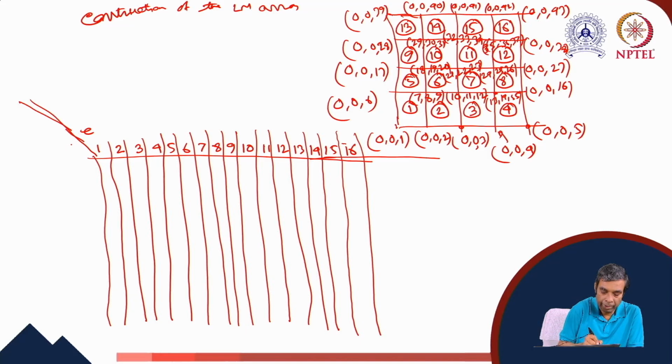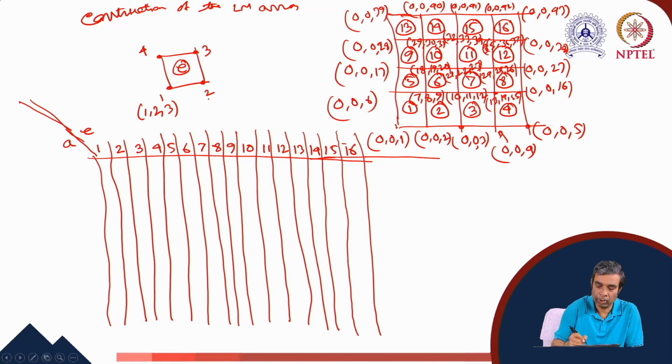Here we have the local node number A. We have eth element, local node 1, 2, 3, 4. So here we have 1, 2, 3, the local equation numbers, 4, 5, 6, 7, 8, 9, and here 10, 11, 12.